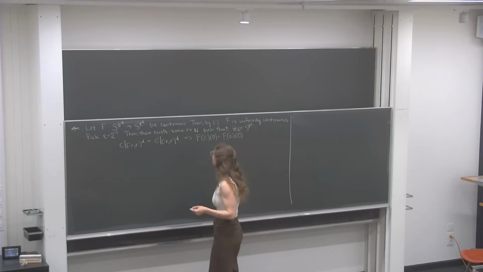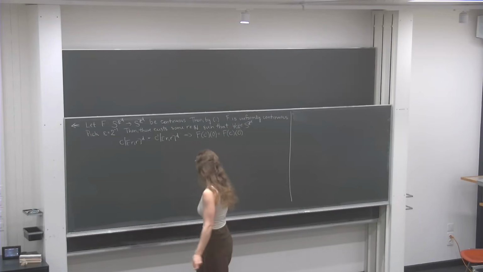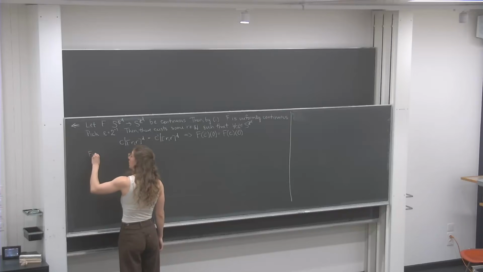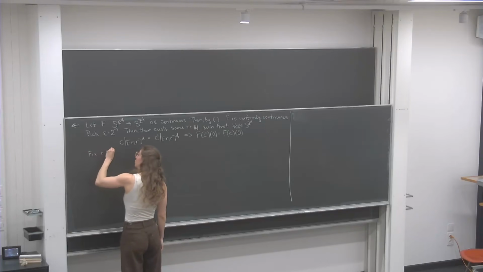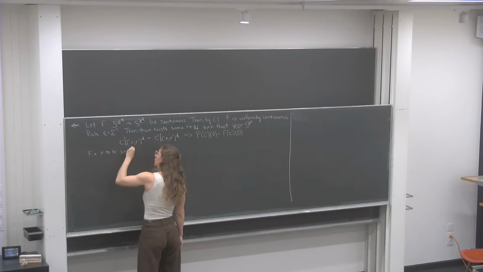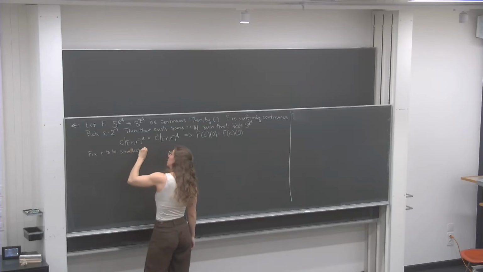And that's somehow it. This is already a clue. This will be the radius of the CA. So fix r to be the smallest such r.